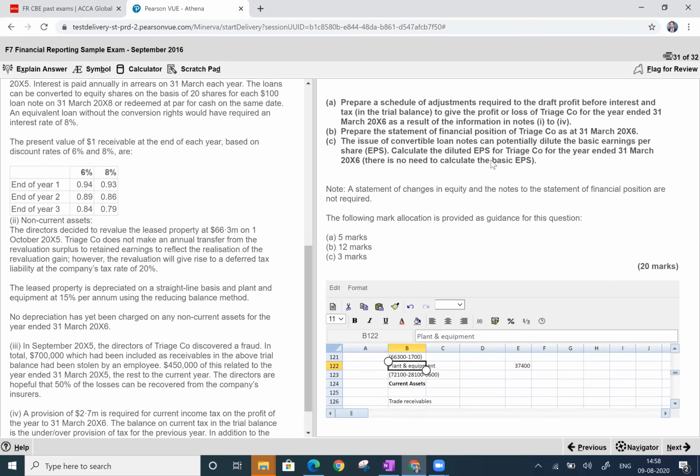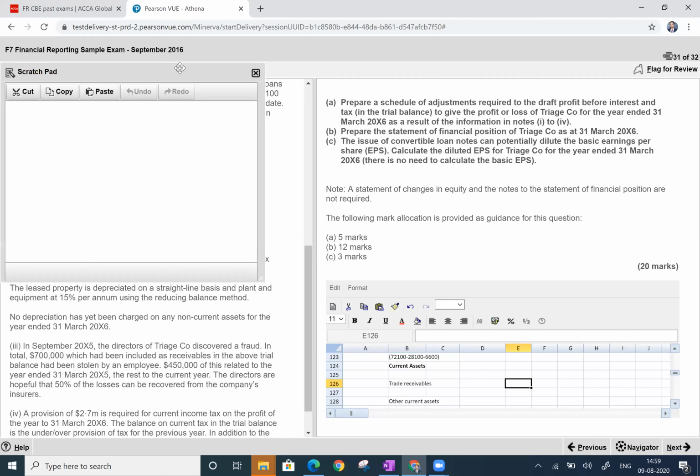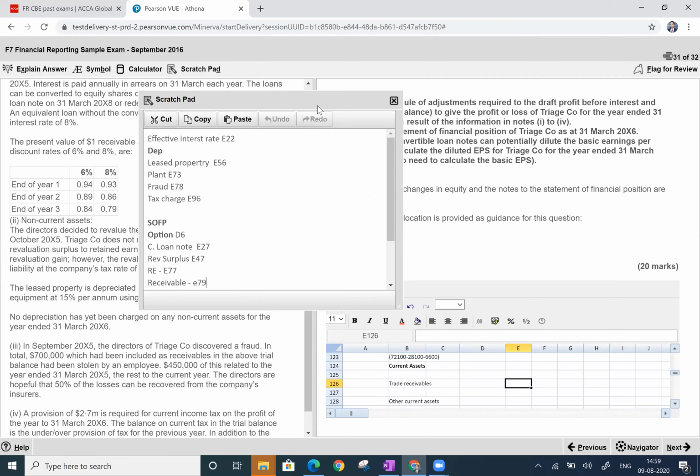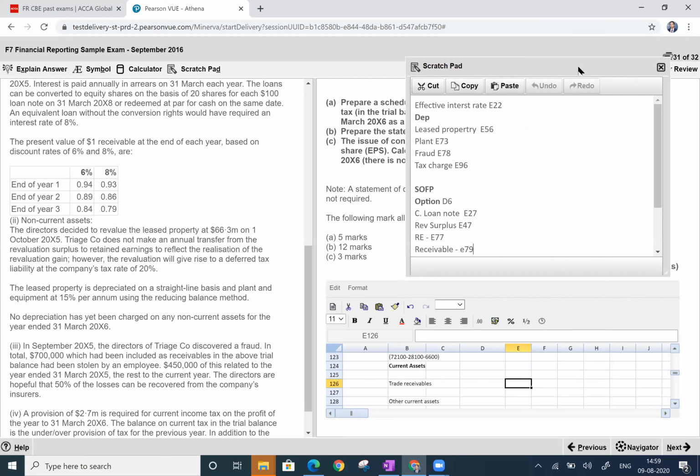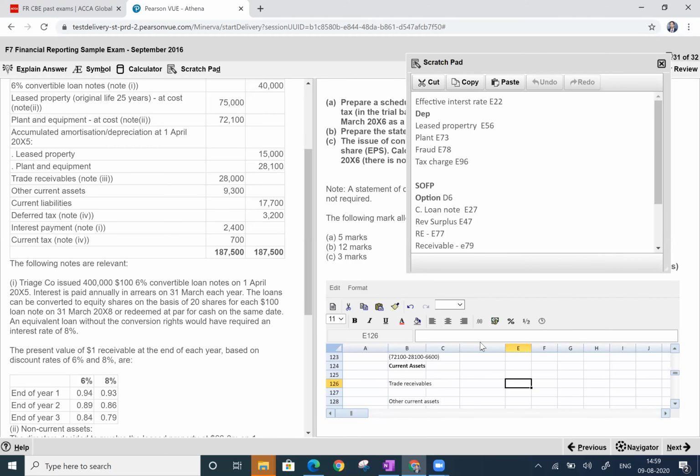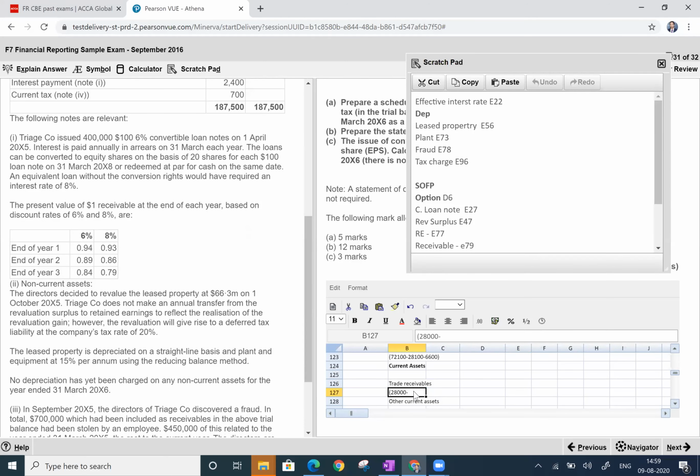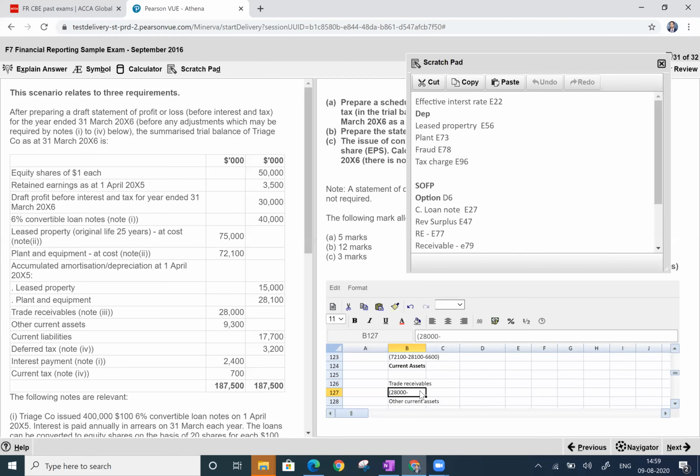Next, trade receivables. You have already written something there in the scratch pad. Trade receivable is 79. So how much is your trade receivable balance right now? Trade receivable balance is 28,000. So out of this 28,000, 700 is not receivable. So minus 700.